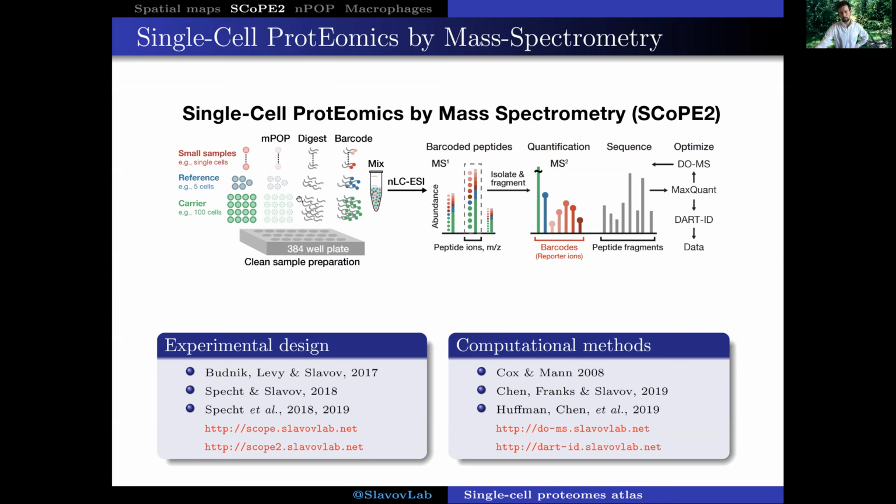We digest them to peptides. We label the peptides with isobaric mass tags. You can think of this as barcoding. We mix the samples. We analyze them by liquid chromatography tandem mass spectrometry. And then we use a number of software tools to extract the data, many of those developed in my lab, so that we can optimize the parameters of the analysis and enhance data interpretation.